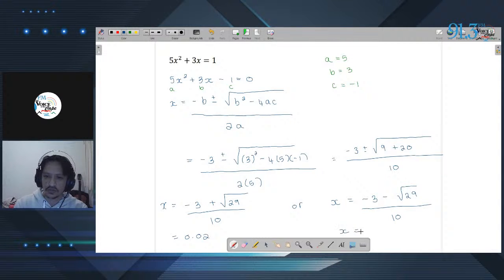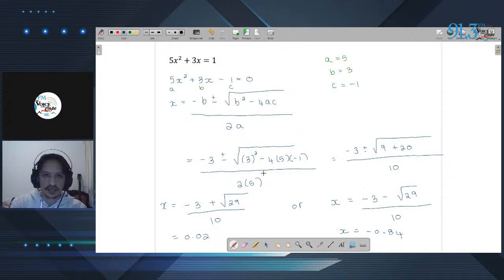Or x is equal to, let me just change that sign to a negative. All right, that's fine. And that's divided by 10. And that gives me an answer of negative 0.8385. So that means we have to round up. So I'm going to get negative 0.84. Now, those are the roots for this specific equation.